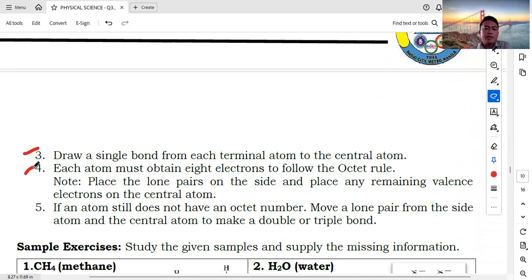Number 4, each atom must contain 8 electrons to follow the octet rule. Note, place the lone pairs on the side and place any remaining valence electrons on the central atom. Hence, if an atom still does not have an octet, move a lone pair from the outside atom to the central atom to make a double or triple bond.